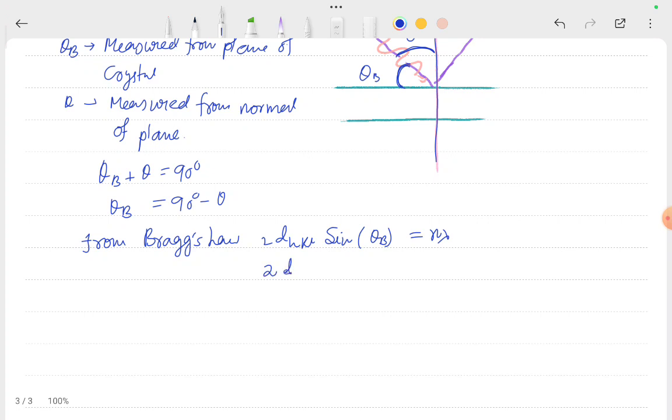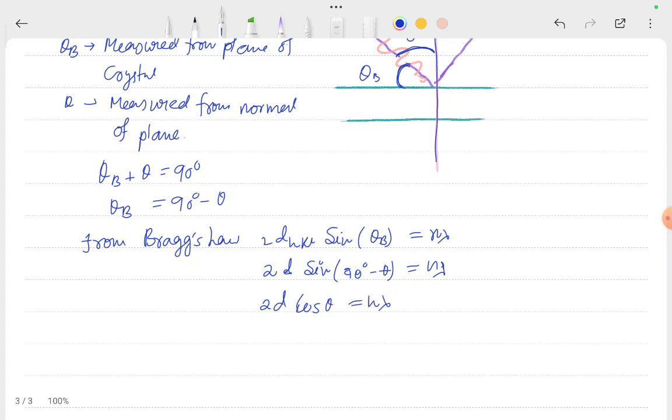I just write here d, don't worry, d is the interplanar spacing. 2d sin(90 degrees minus theta) equals n lambda. So 2d cos theta equals n lambda.